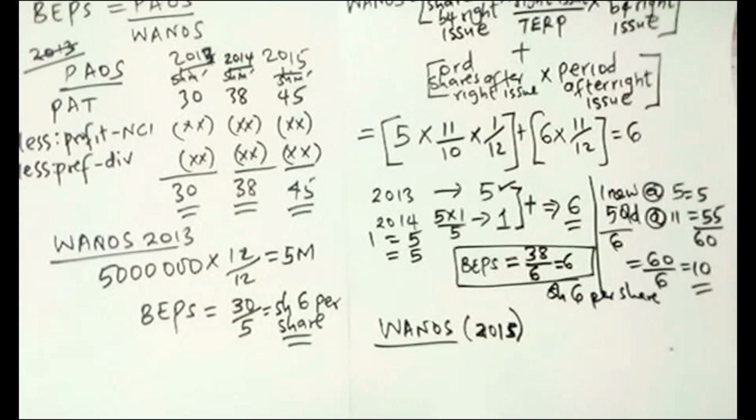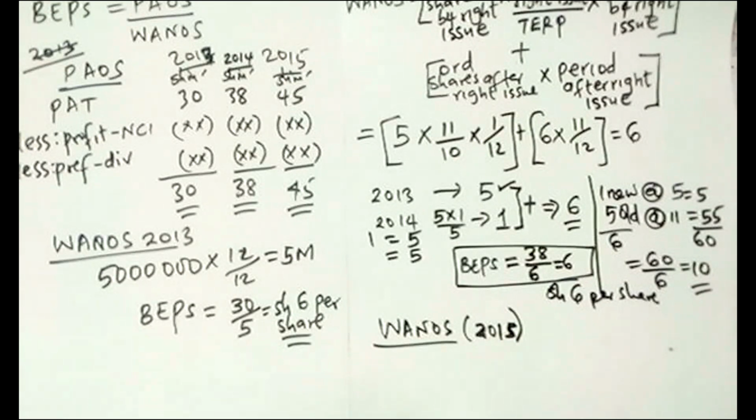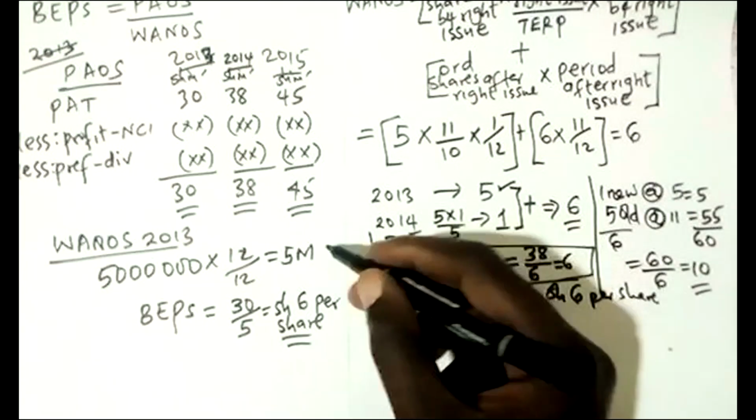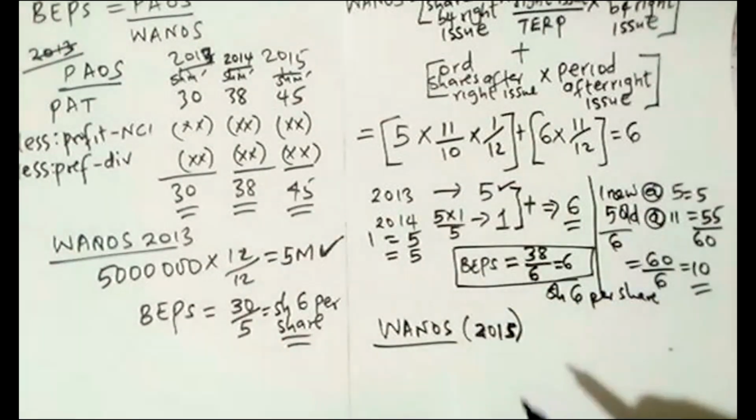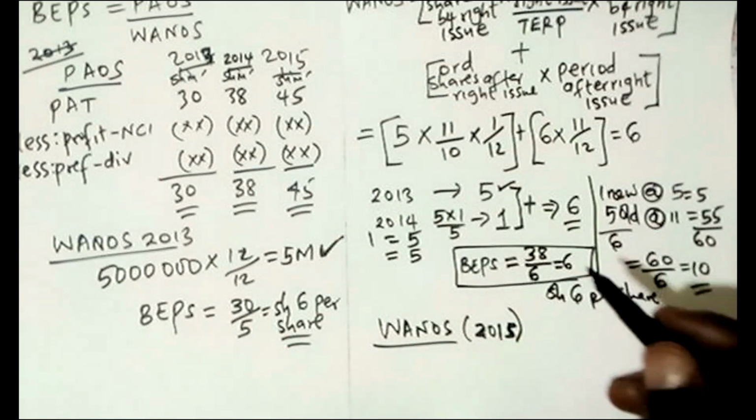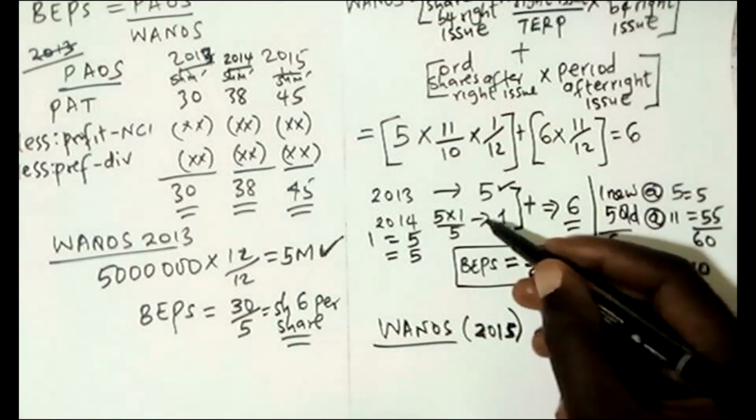So how do you get the 6? Yes, that is correct. But which 6 do you pick from the previous? Remember that in 2013, the shares which were there were 5. In 2014, they made an additional issue of shares through right issue.